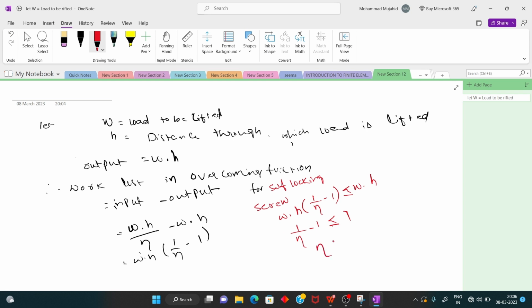Then 1 by efficiency is less than or equal to 2, and efficiency will be greater than or equal to 1 by 2, that is half or 50%. So by this method also you can solve it.